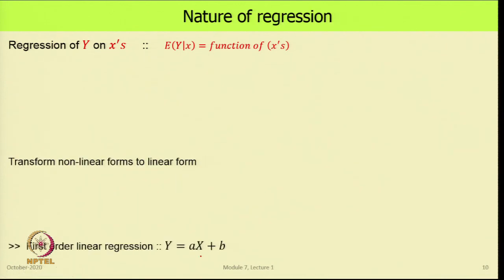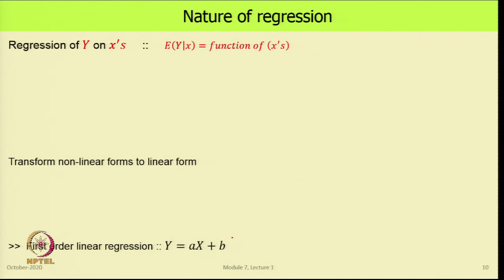This is our input data for performing a regression. Now, let us look at what is the nature of regressions that we can have. For a moment, let us not just look at the linear regression, but look at the type of functions we can get in general.